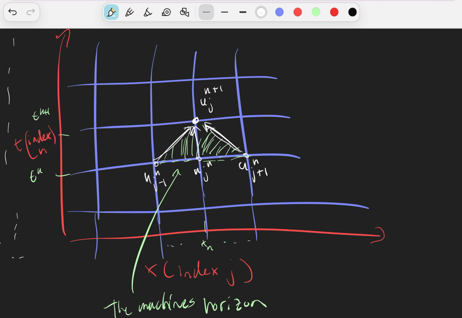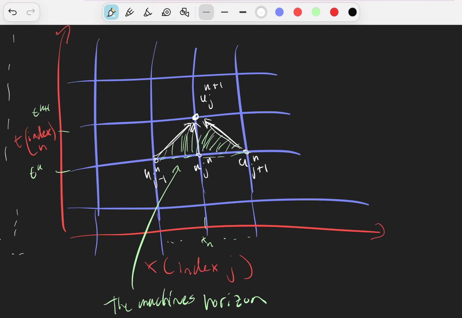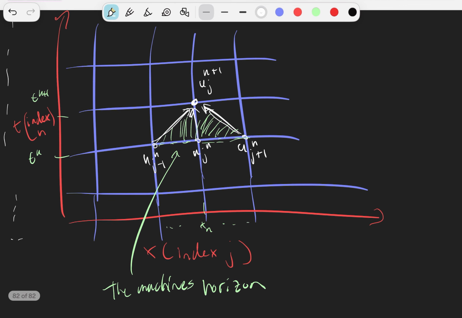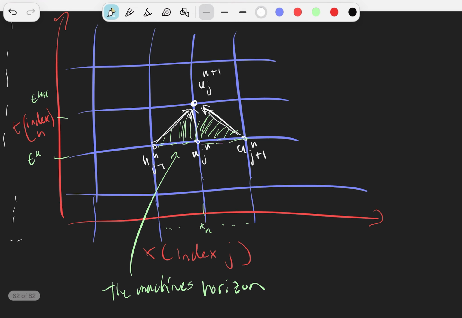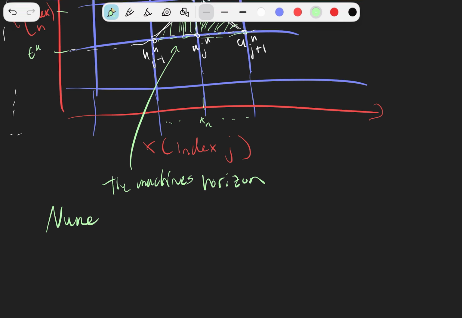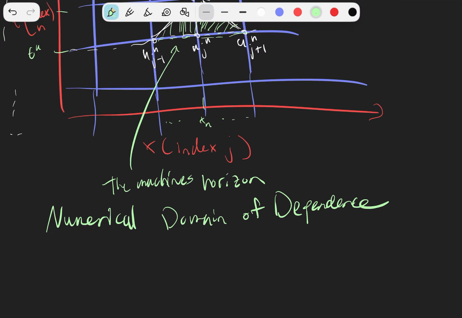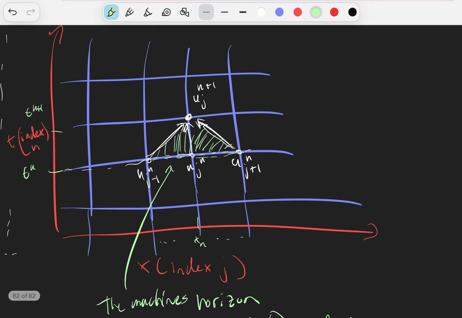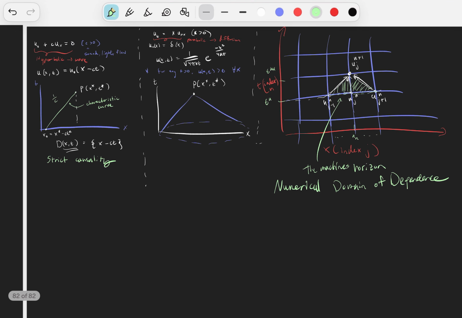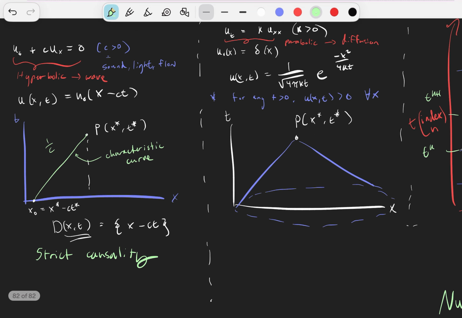We're trying to decide the future value, and the explicit scheme looks only at its immediate neighbors at time t sub n here. So this shaded triangle is what we call the numerical domain of dependence. And the machine is going to assume that nothing outside of this triangle actually matters. So we get a bit of a hybrid between both of these things, okay?